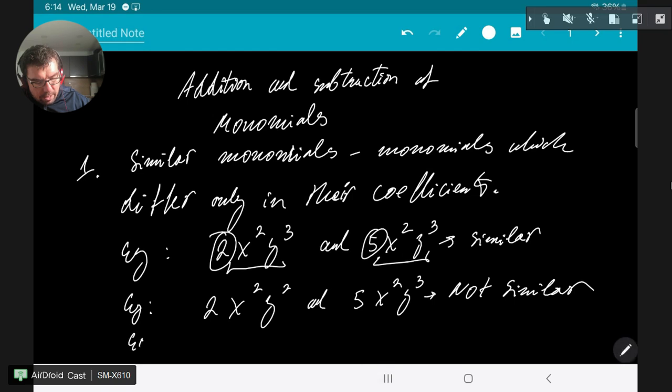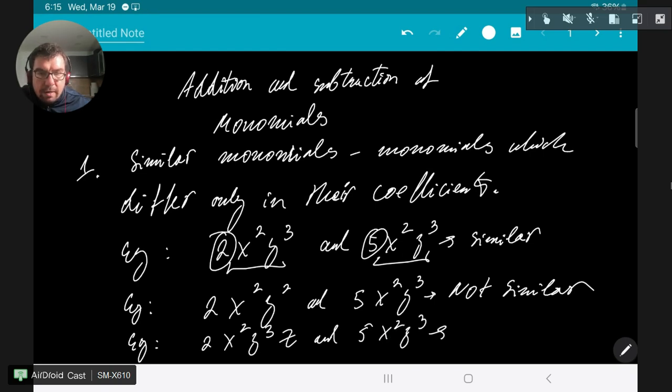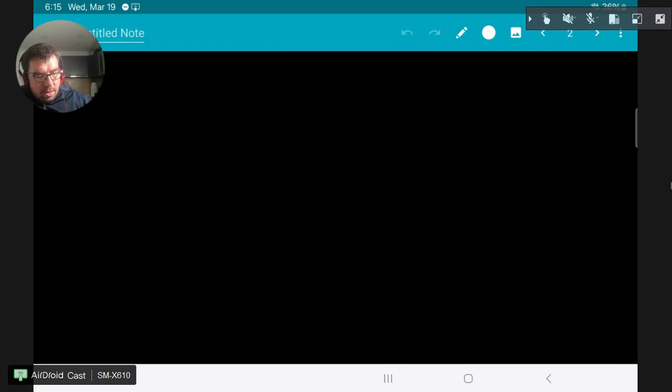In the same way, if I have, for example, 2x to the power of 2y to the power of 3z and 5x to the power of 2y to the power of 3, without the z, they're not similar, because I have an additional variable in the first monomial. Okay, so far so good.